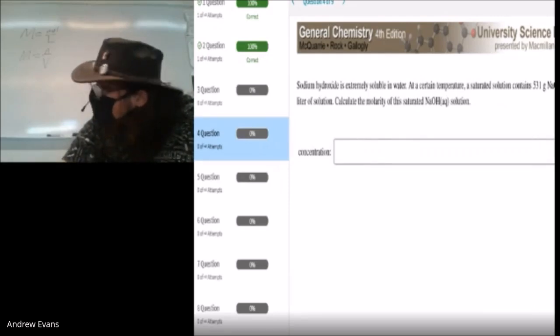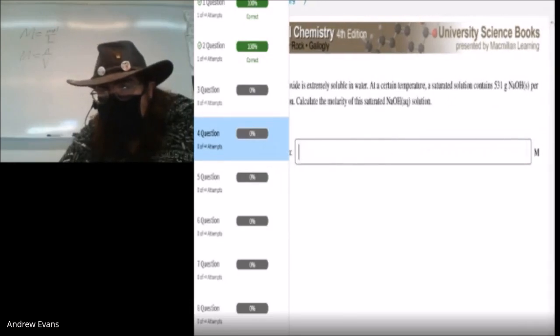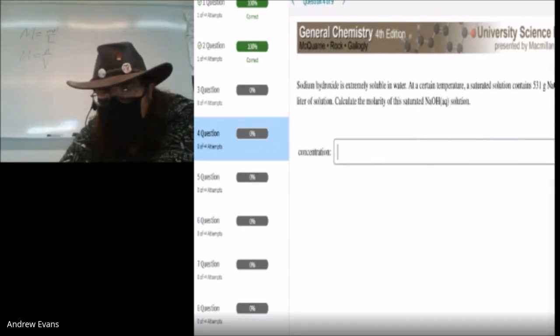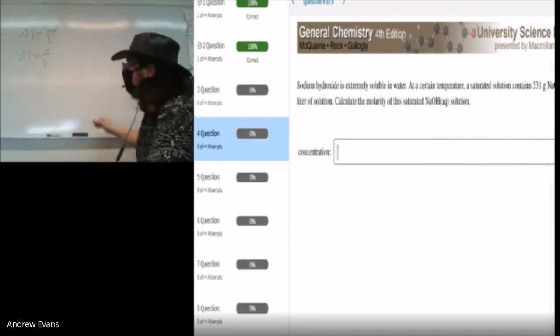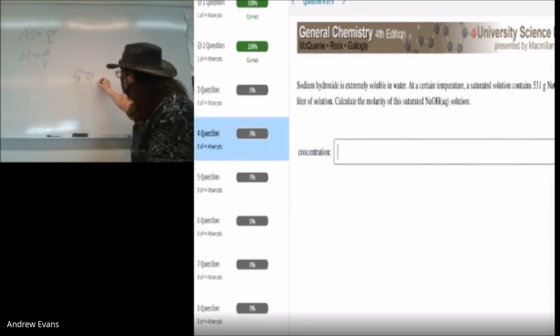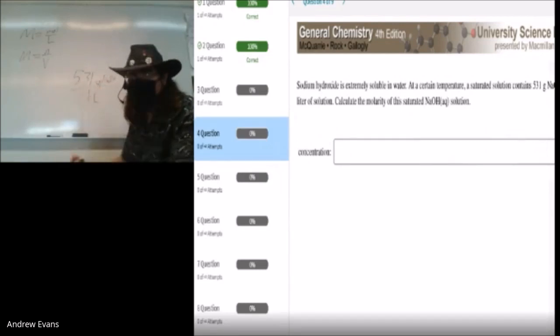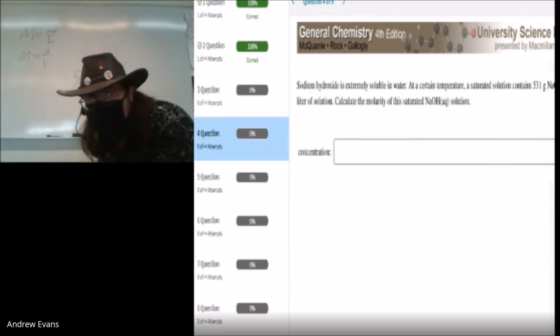They give us, at a certain temperature, 531 grams of sodium hydroxide soluble per liter. So what they're giving us is a ratio of 531 grams of NaOH per 1 liter.